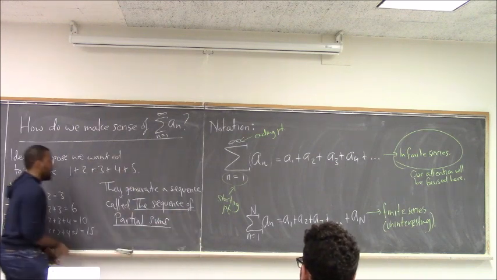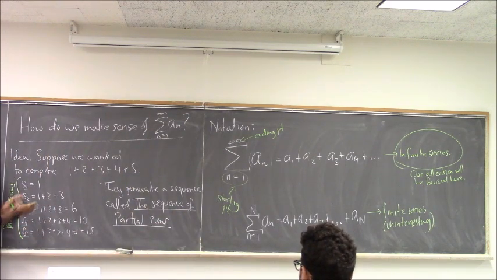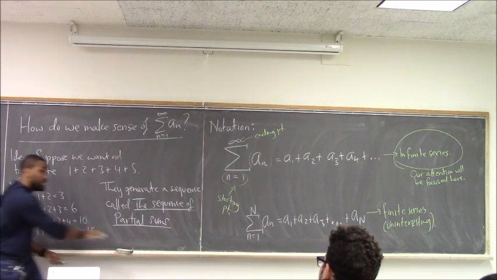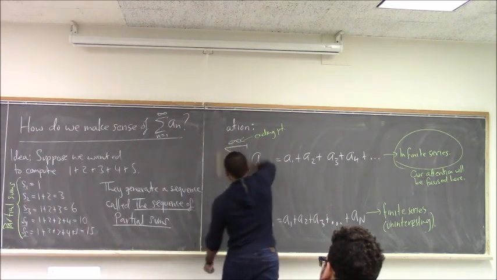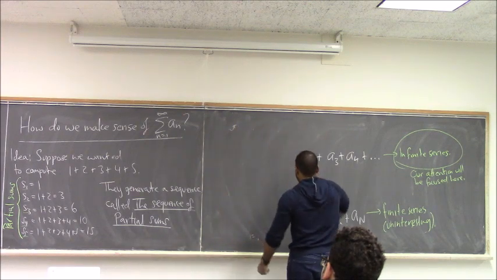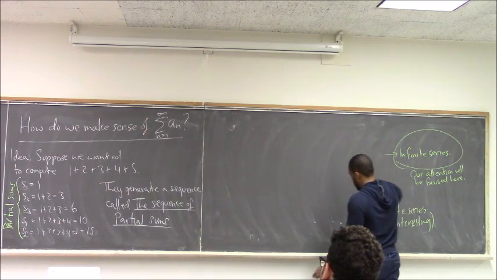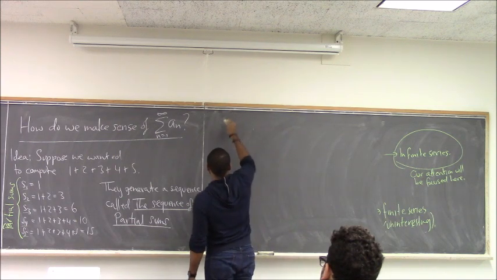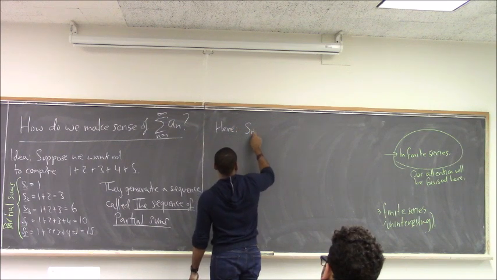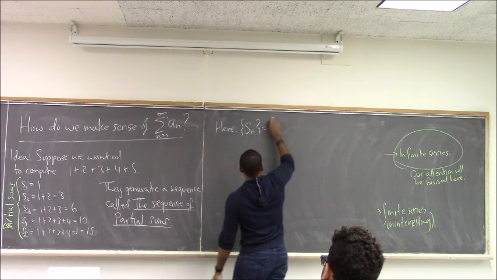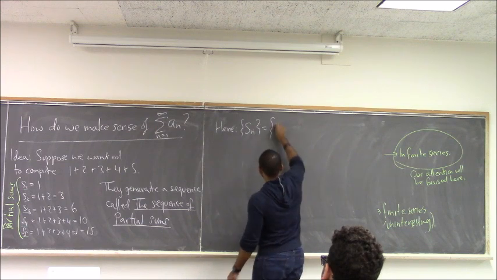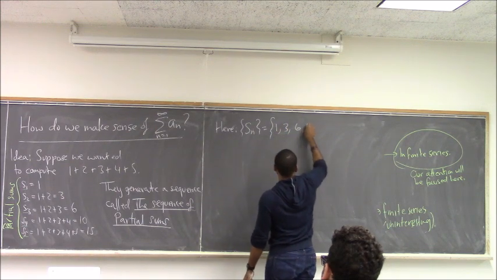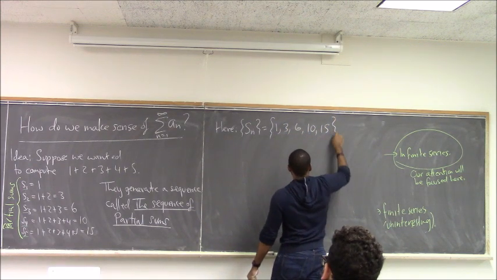So, if you want to add something, one way you can do it is add it in pieces, and then look at what the pieces are doing. In this case, I could create a sequence, Sn, and it is going to be a list: 1, then 3, then 6, then 10, then 15.